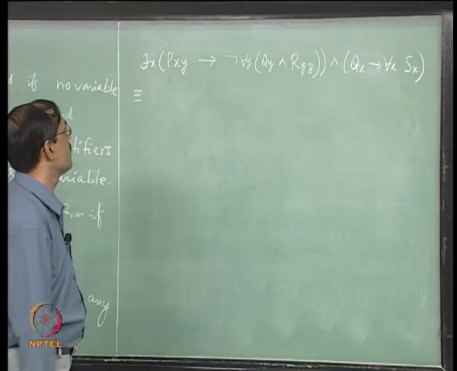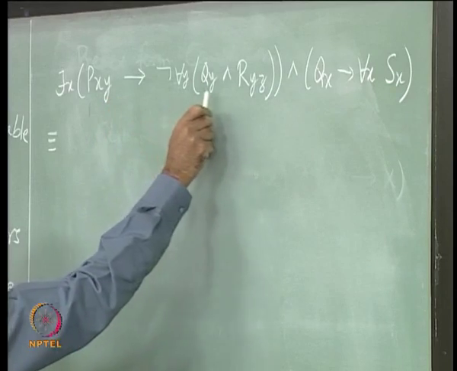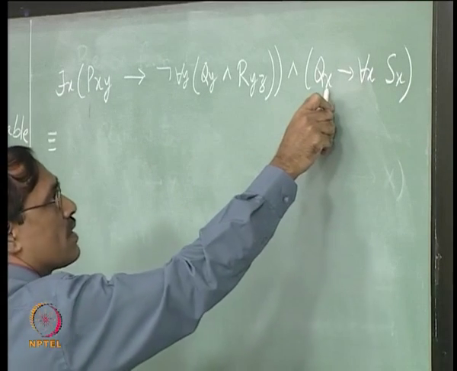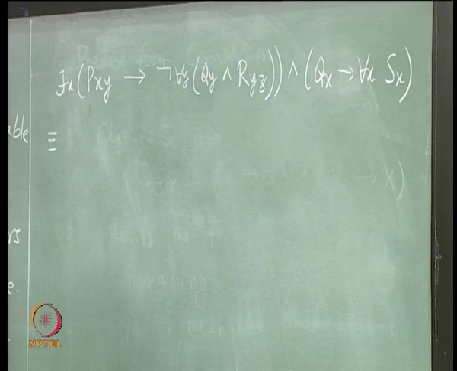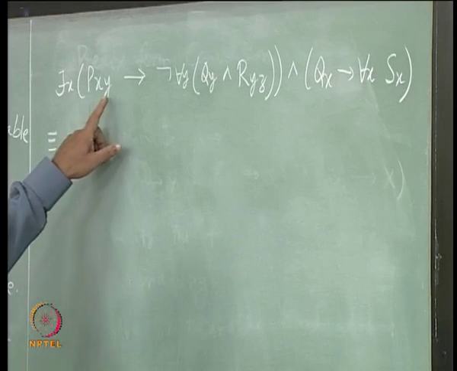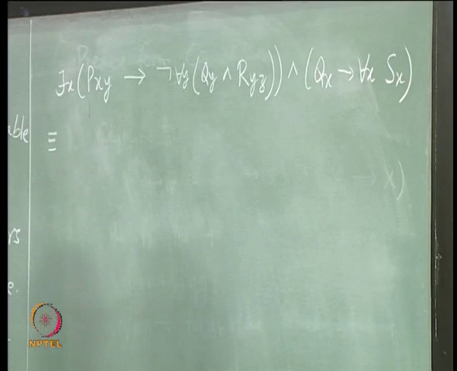Rectify it. So, first let us check, here x is bound, x is free here. So, all the bound occurrences of x have to be renamed first, and then what about y? Y is here free, y is also bound. So, bound occurrence of y also has to be renamed, and z is only free, it is not bound, so we can leave it as it is.